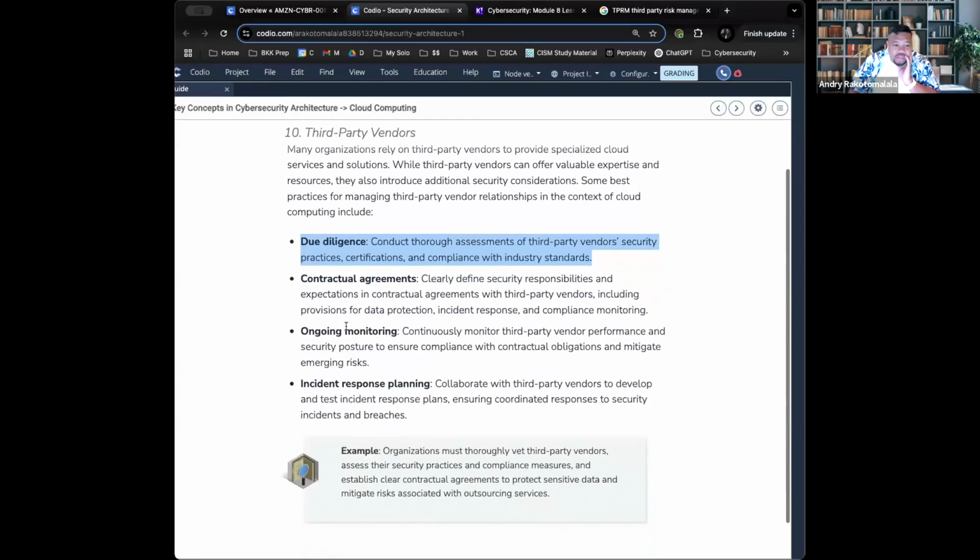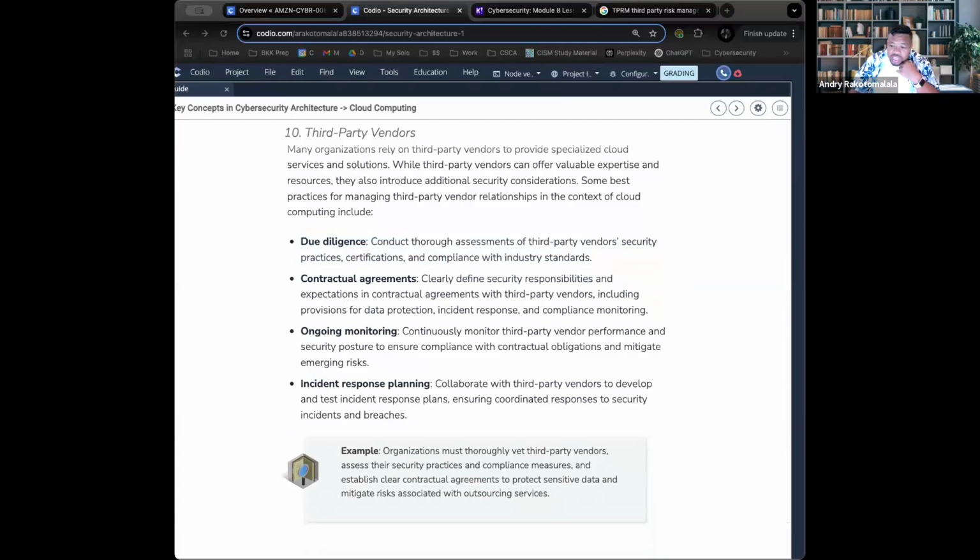And then there's a contractual agreement. You need to make sure that you have a responsibility matrix in there that outlines everything specifically. And then you need to make sure that you have the right access control and that you do regular reviews of that access control. That's why ongoing monitoring is a thing.